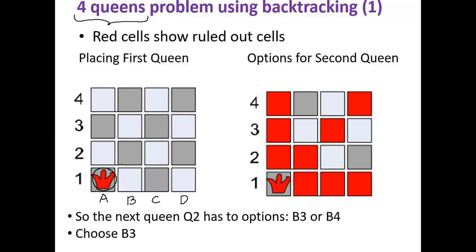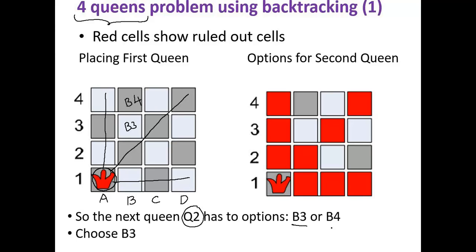So you know the movement of the queen. It can move like this. It can move like this. It can move like this. So you can place the second queen Q2 either in B3 or B4.